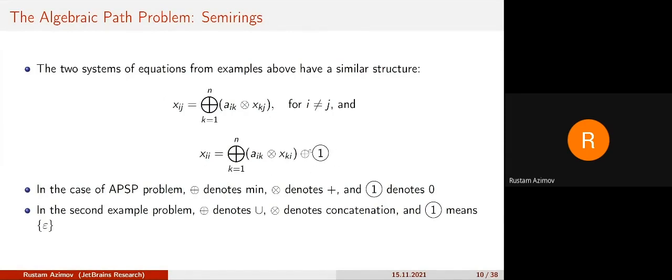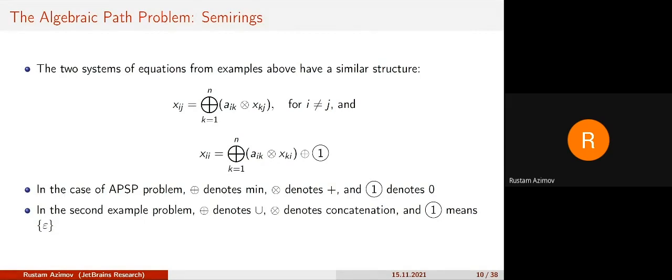And here we also use an element which denotes the information about the empty path. In our two previous examples, in the all pairs shortest path problem, plus denotes the minimum operator, multiplication denotes plus, and the information about the empty path was just 0.